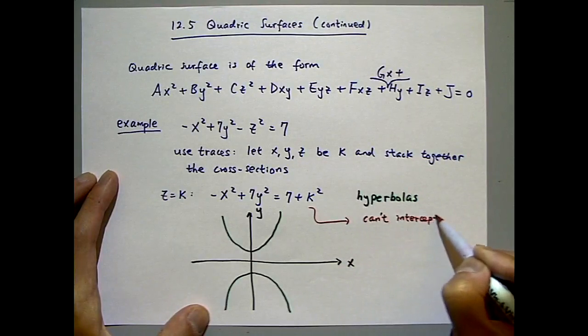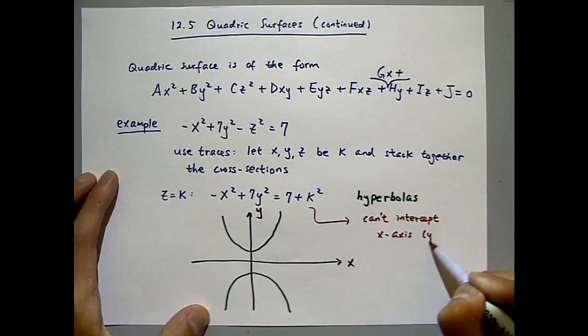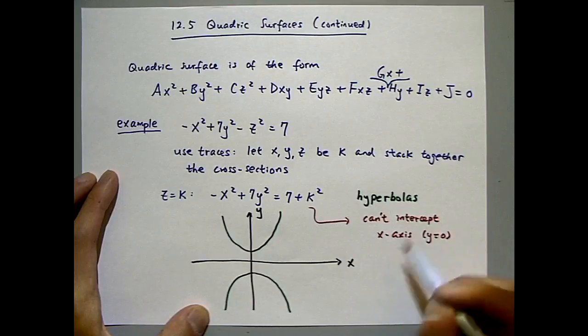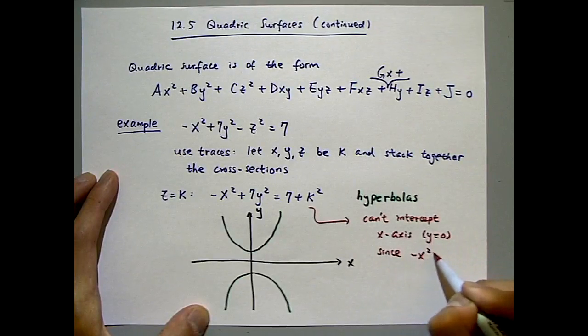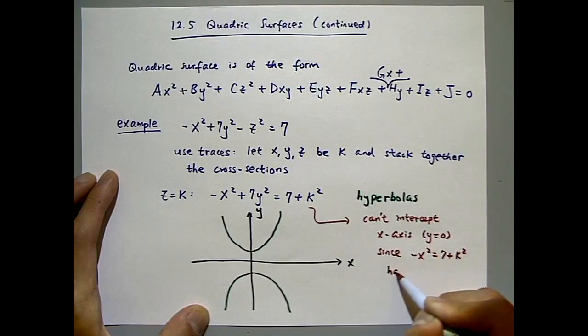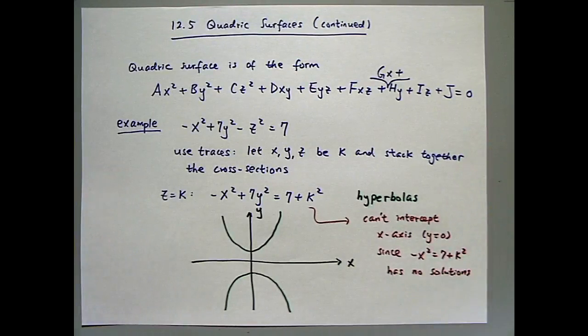This cannot intercept the x-axis, because minus x squared equal to 7 plus k squared has no solutions for any value of k. Right? A negative thing cannot be equal to a positive thing for any value of k here.